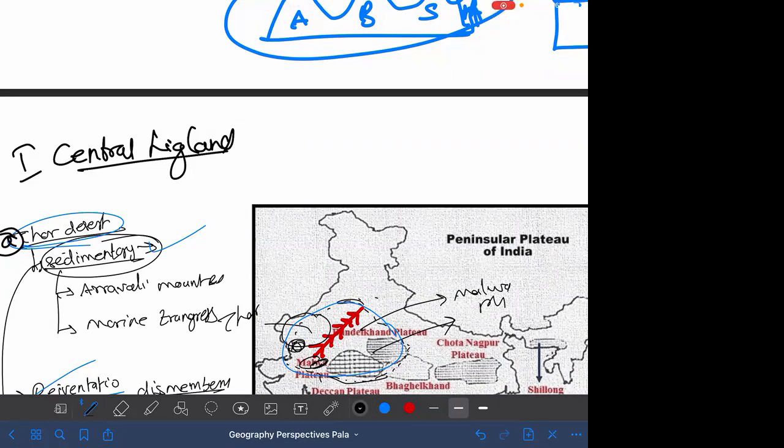The formation of the Thar Desert, the Thar platform, started with the creation of Aravalli in the Purana period.